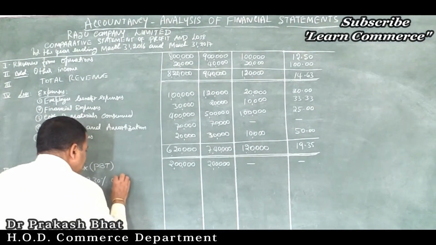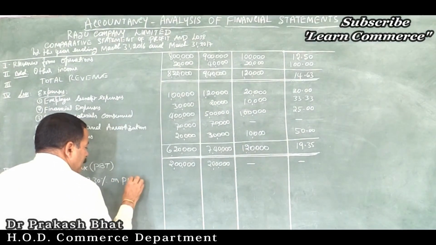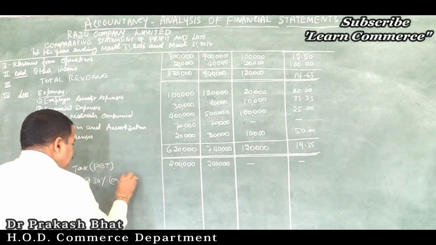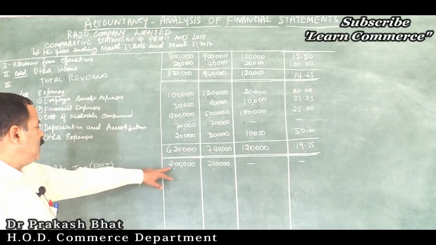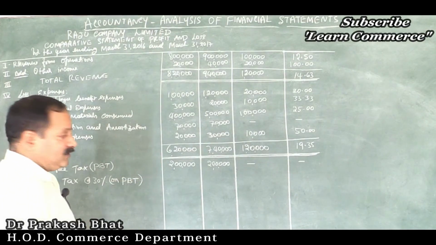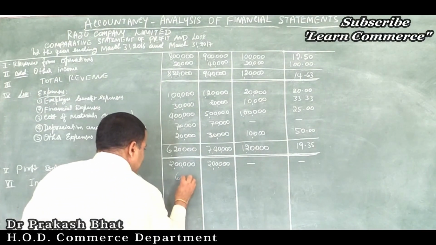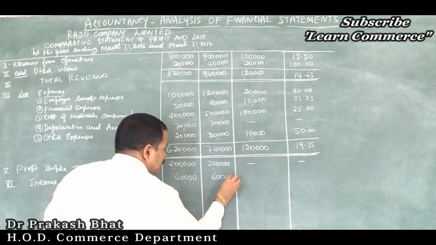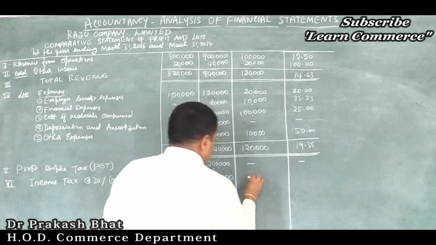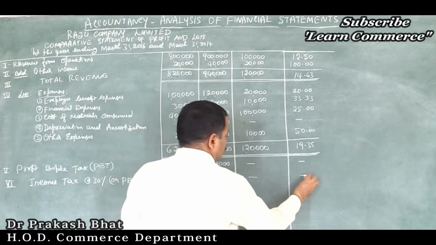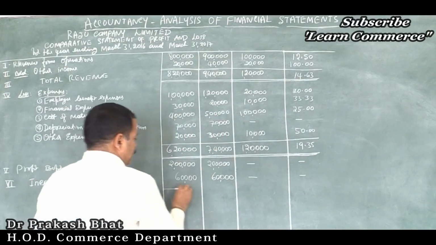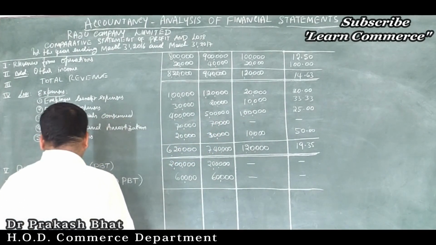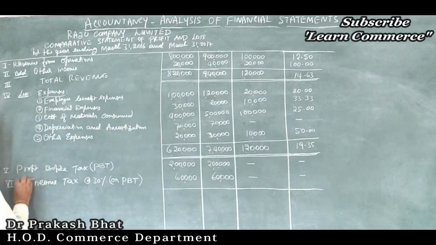In exam, in problem, they will not give you, but for your information, I am writing: on PBT, 2 lakh into 30%. How much? 60,000. Is that correct? Here also 60,000 because the PBT is 2 lakh. Here no change.